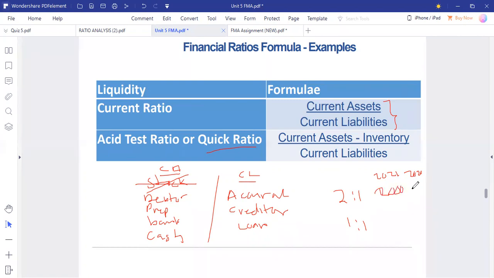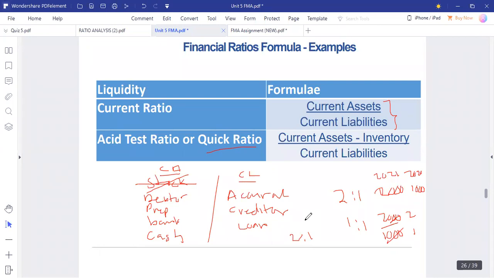Then here we have our liabilities. So a ratio is simply dividing how much is in here by that amount. So here 2,000 divided by 1,000. Divide here, you get 1. Divide there, you get 2. So this is a ratio which is 2 to 1. It means we have 2,000 compared to 1. It's just a ratio.